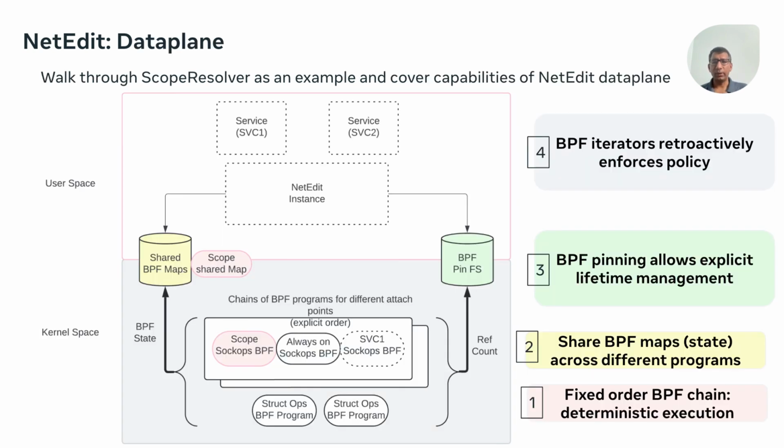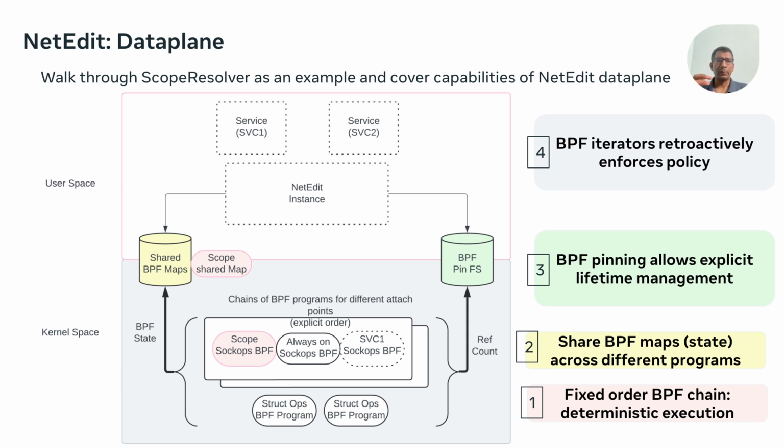Okay, let's look at four ideas for data plane. I'll use one eBPF program, the scope resolver, as an example throughout the slide. NetEdit uses destination IP address to classify connections. For example, is a connection within the same rack or is it going across geographic regions? We've made a separate tuning feature called Scope Resolver to give us this answer.